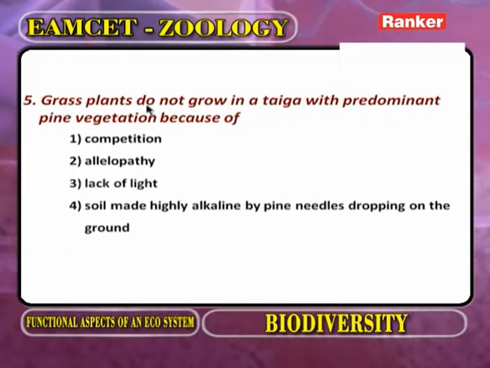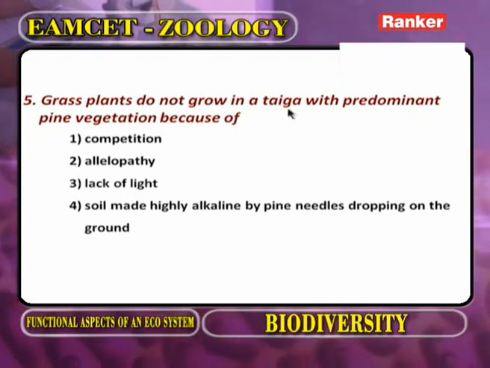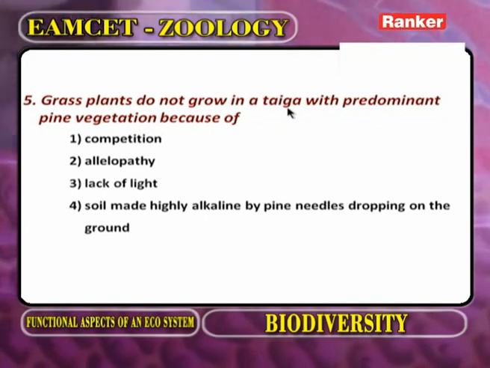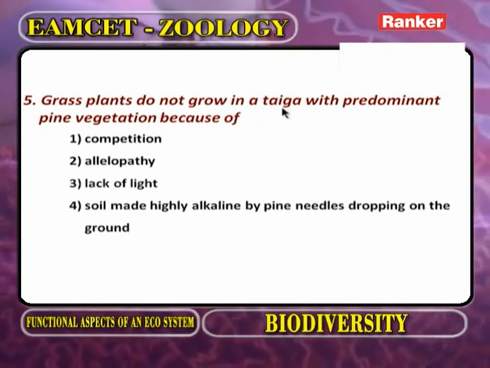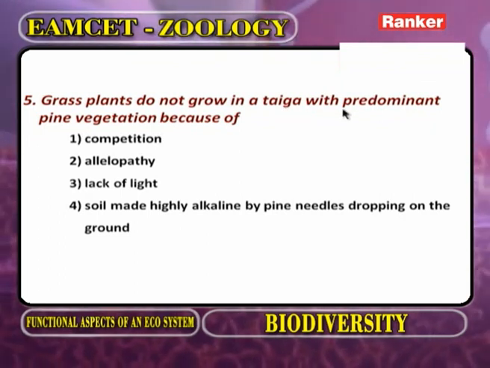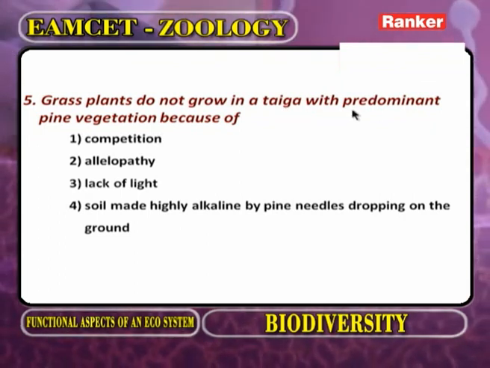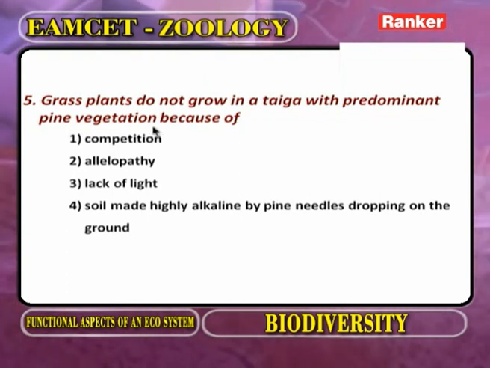Grass plants do not grow in a taiga. We are having an idea what is meant by taiga, a coniferous forest area. In the taiga, what is predominant? The pine trees. Because of, you have to observe.